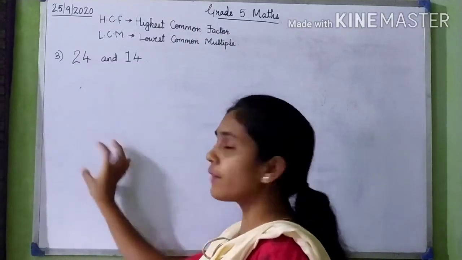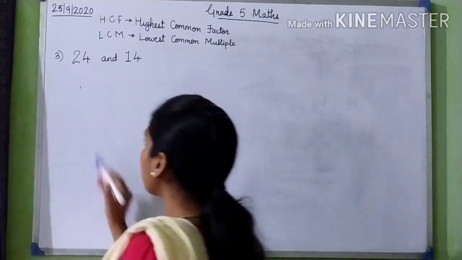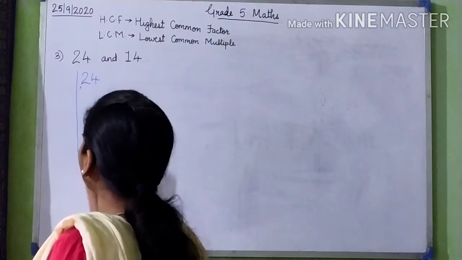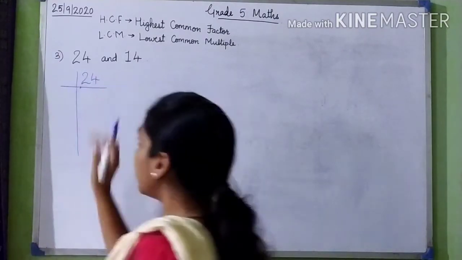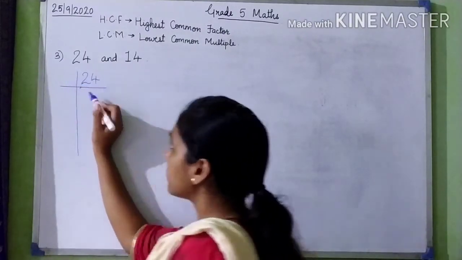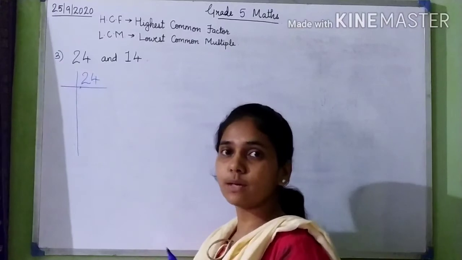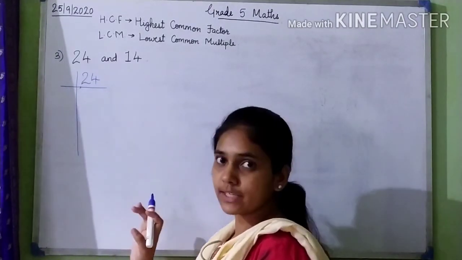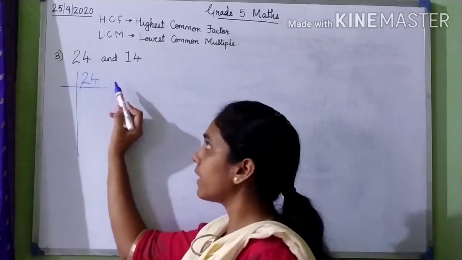So first we start finding the factors. Factors of 24, I write 24 and start dividing it. This 24 can be divided by 2. We know the 2 table only goes till 2 tens are 20, and 24 is greater than 20. So how do we divide?